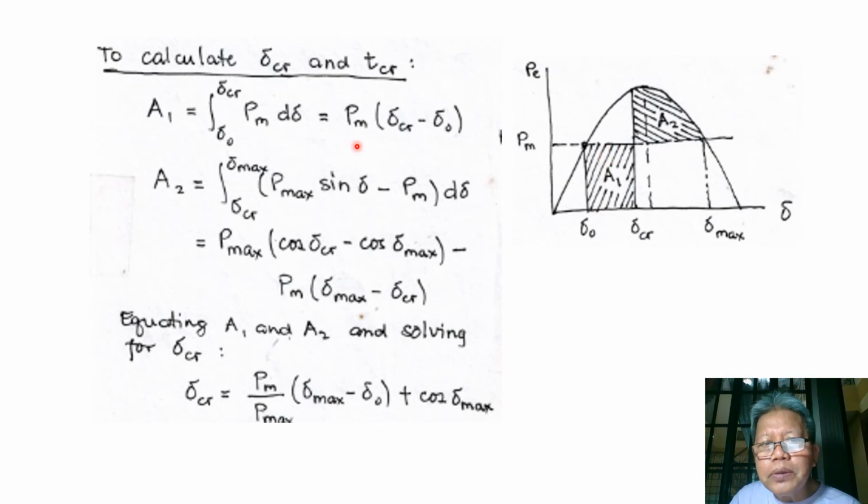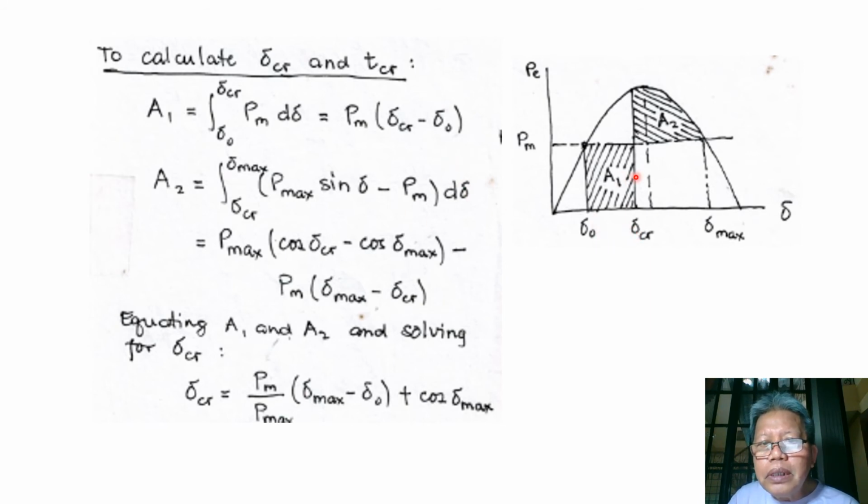So it is just equal to PM, because PM is constant, and we integrate with respect to delta, so we just have delta, and then we substitute the limits, so we have delta CR minus delta O. This is very plain, as for the area of a rectangle we just determine the sides: this side is PM and this side is delta CR minus delta O.